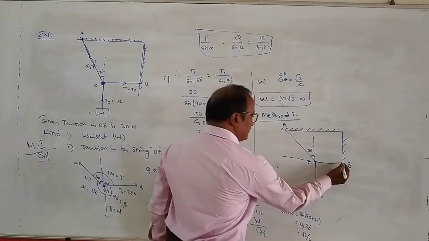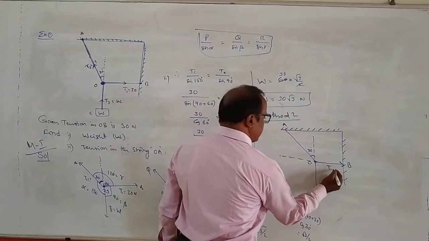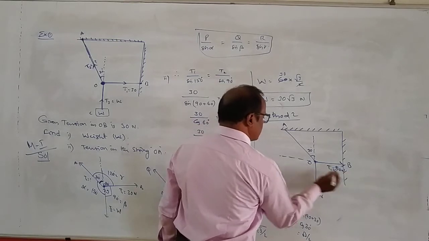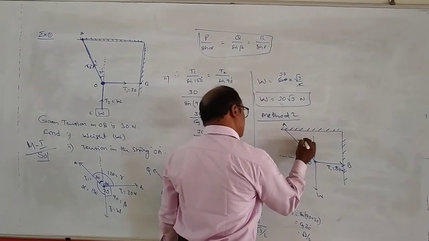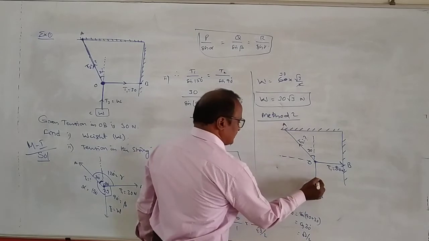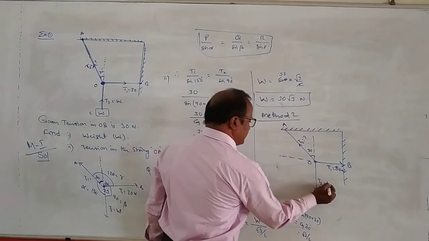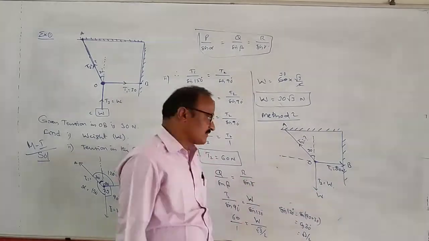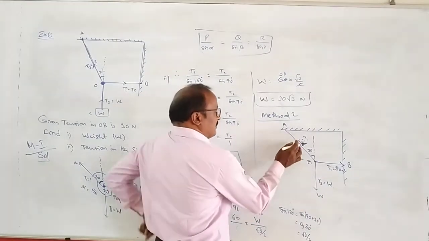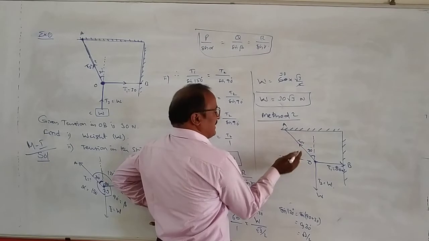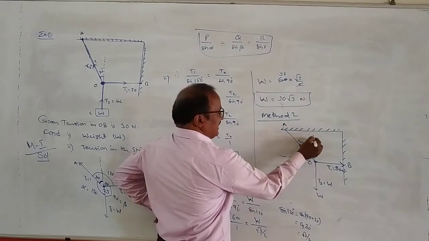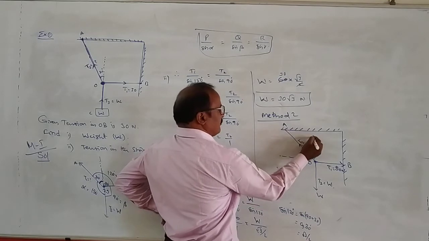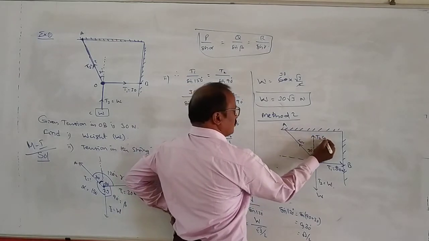Let us find the tension in OB, which is T1. T1 is given as 30 newtons. The tension T2 value is unknown. Taking the tension as T3, this will be resolved into 2 perpendicular components, along this line the component of T2 is T2 cos 30.